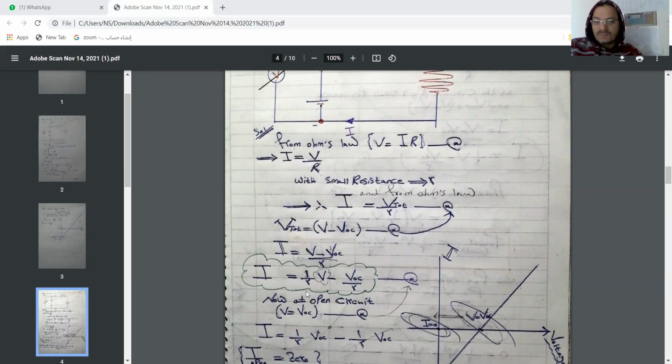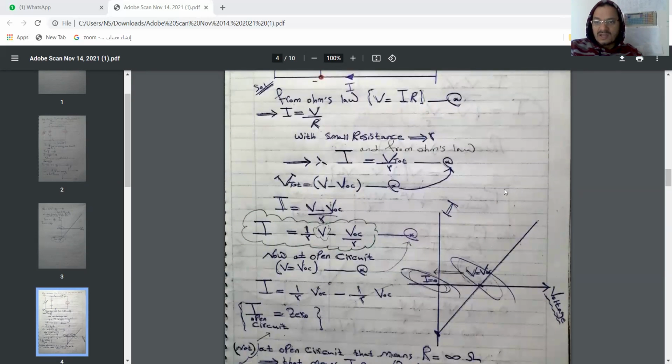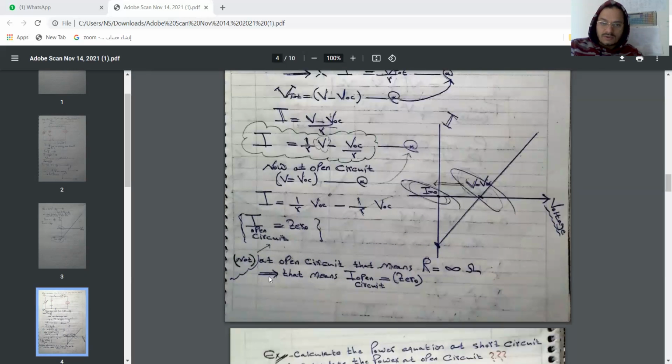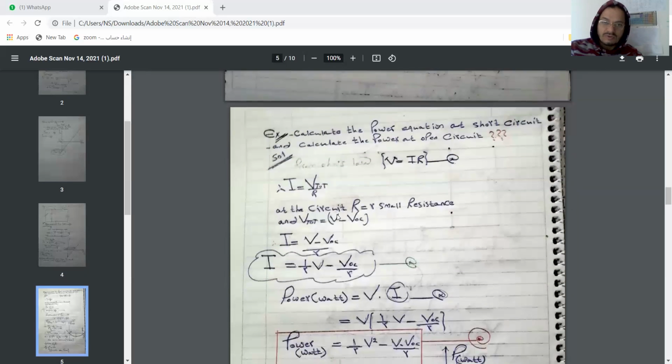That means we are dealing with the same general current equation, I equals 1 divided by r times V minus VOC, like the last question. Now at open circuit, V equals VOC, because of that the current will be 0. Note that at open circuit, R equals infinity. By that, the current equals 0.